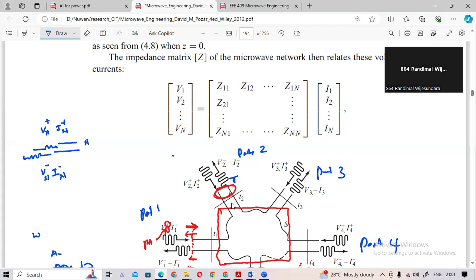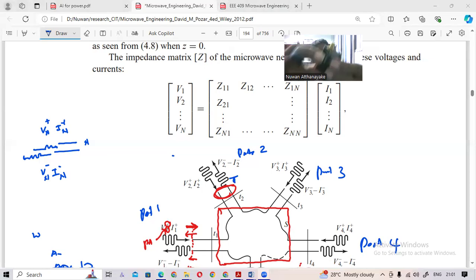If you can remember that one, for example, this one. There is a transmission line section definitely.